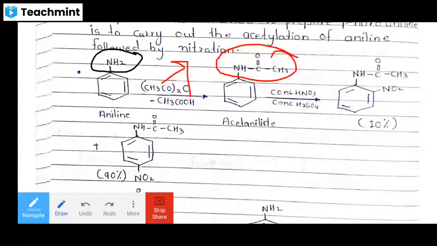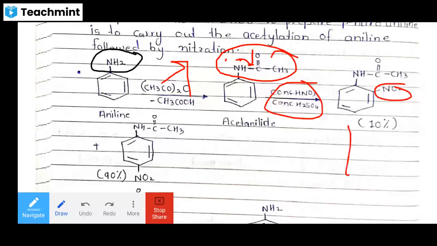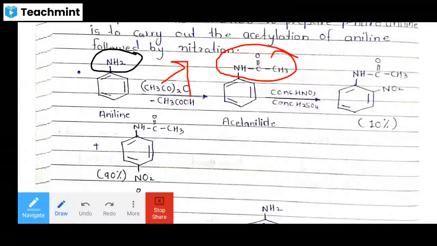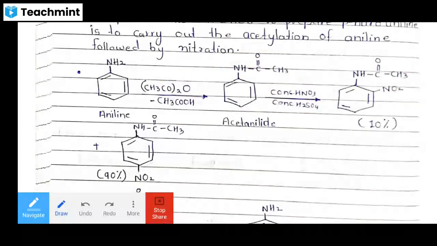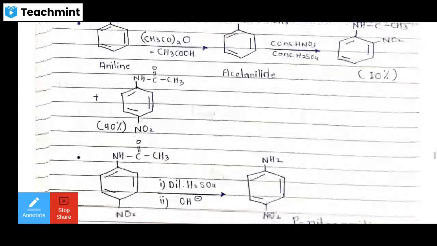This lone pair of electrons is involved in this way. Okay. So we use the nitrating agent and nitration takes place at the ortho position. NO2 group is added at the ortho position. Okay. So in this way we protect the NH2 group and you will get the final product. So protection is also one of the examples.